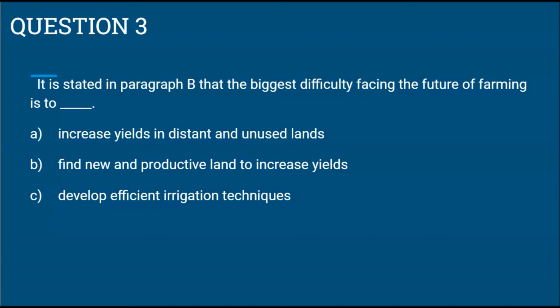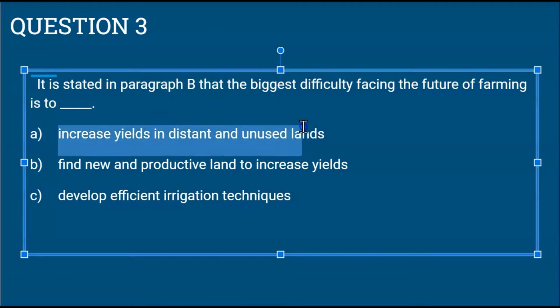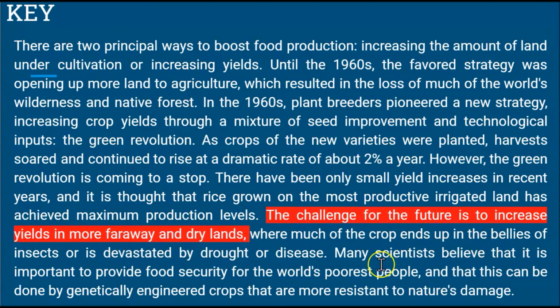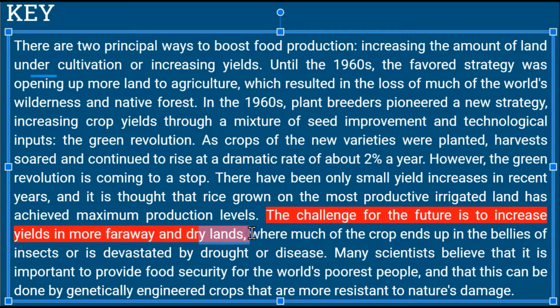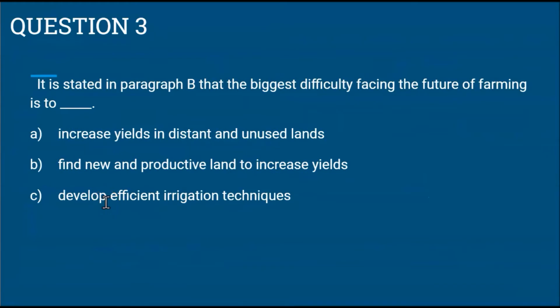So in here, choice A, we are given that the biggest difficulty facing the future of farming is to increase yields in distant and unused lands. So the distant and unused lands, these words can be also seen in these lines in the words far away and dry lands, right? So for this question, the correct choice is choice A.